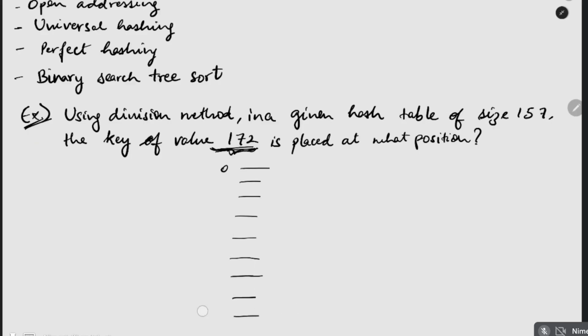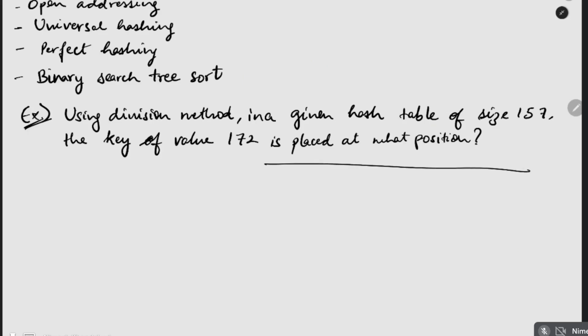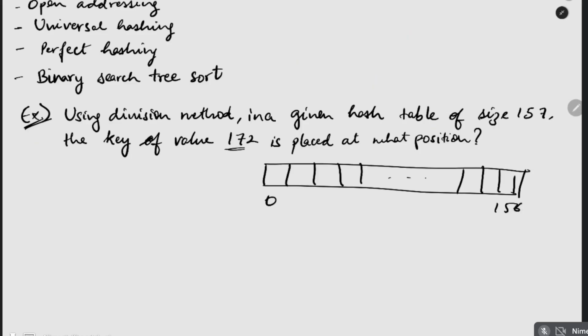So let's make this horizontal so that we don't waste much space, right? From 0 to index 156, we want to know the position of value 172. So in the division method, what's the hashing function?